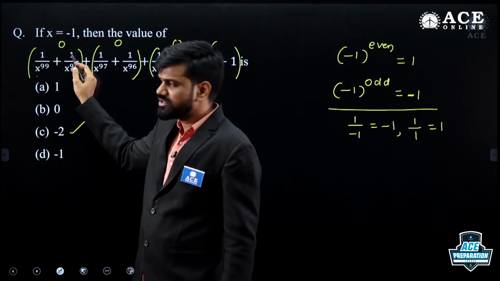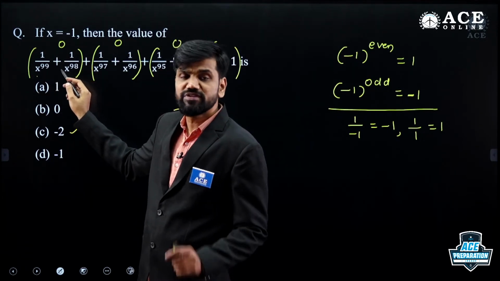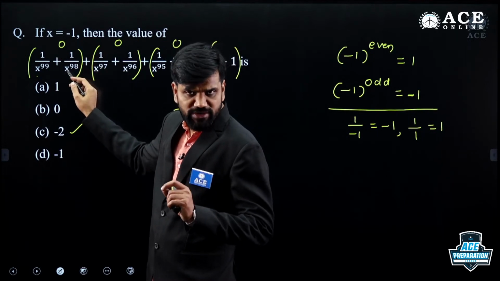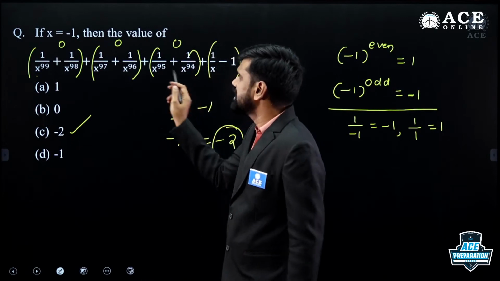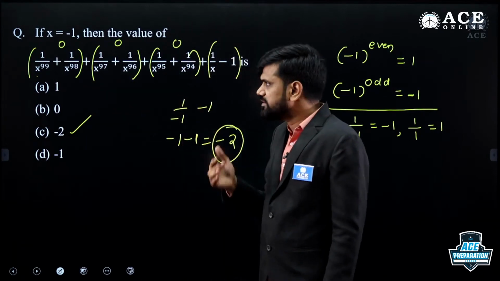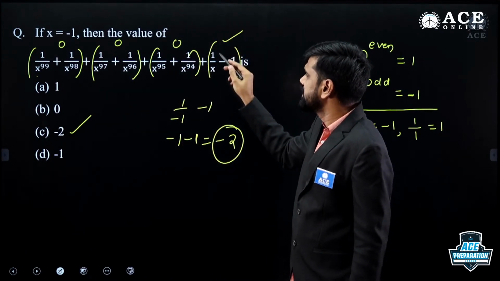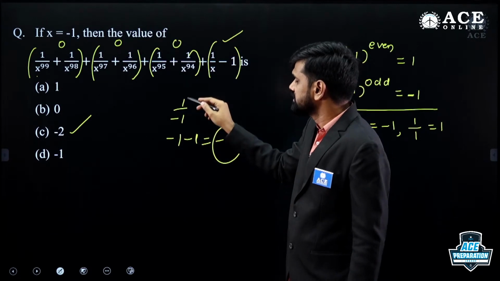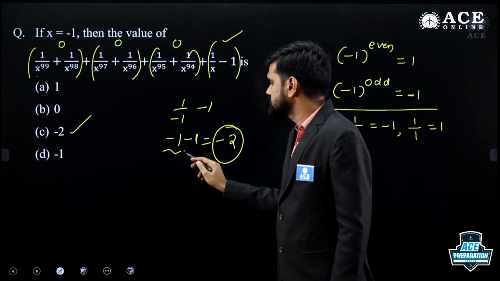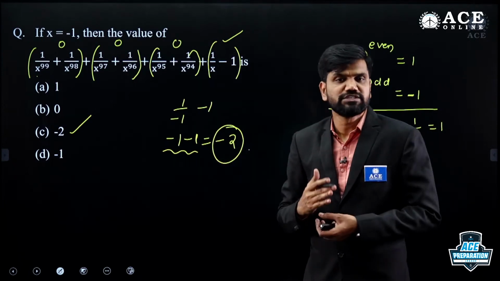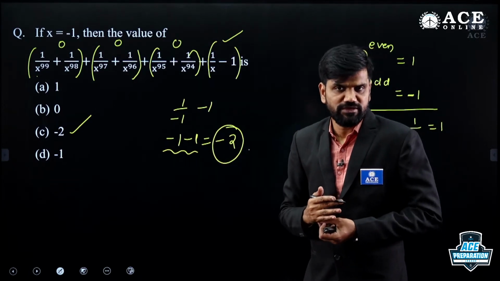This will become plus 1 because 1 by minus 1 to the power of even will give you plus 1. So minus 1 plus 1, 0, minus 1 plus 1, 0. Like that all these sets will become 0. We will be left with only this expression where I will be putting x equal to minus 1. That gives you minus 1 as the result. Minus 1 again. So minus 1 minus 1 will add up to how much? Minus 2. Is that clear?